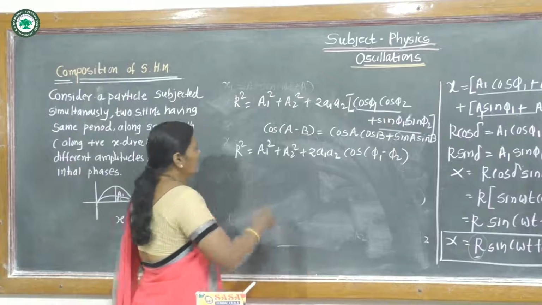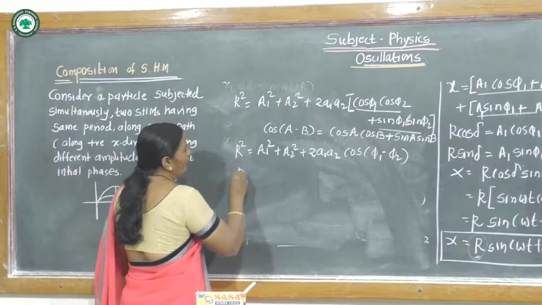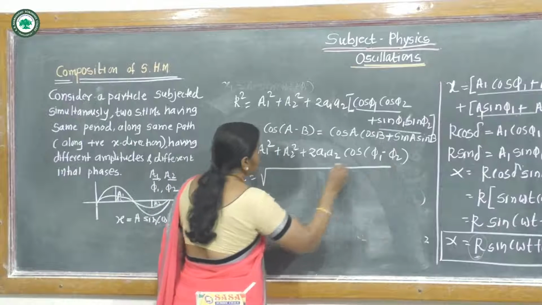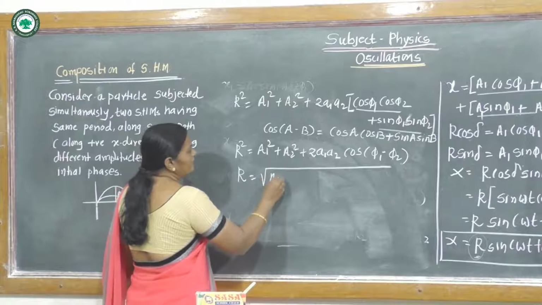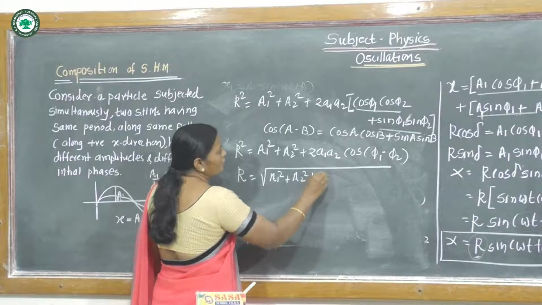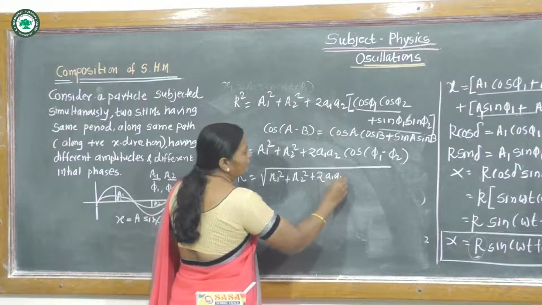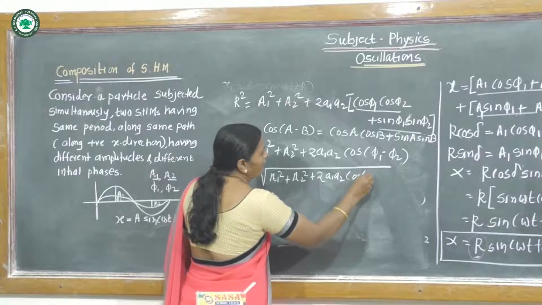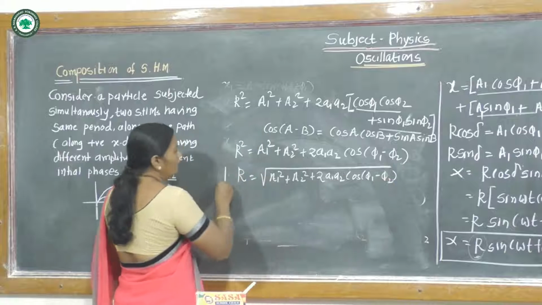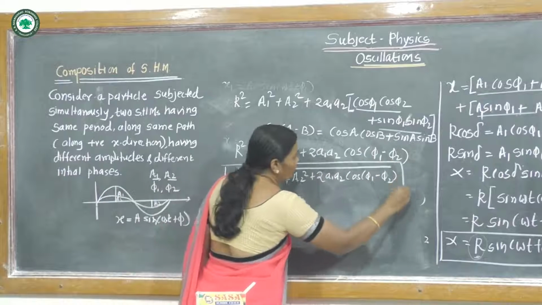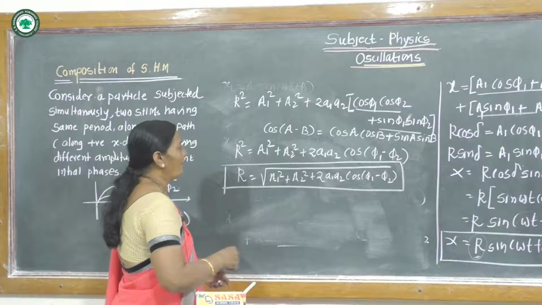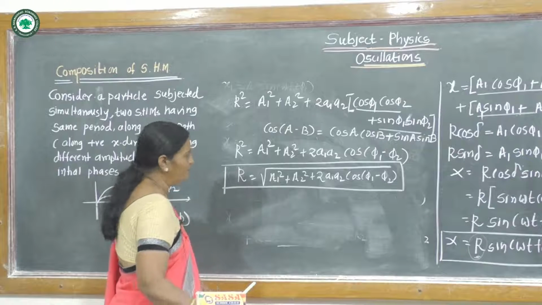Now this is the square quantity. We take the square root of this. Then the equation becomes R is equal to the square root of A1 square plus A2 square plus 2A1 A2 cos of phi 1 minus phi 2. This is called the expression for resultant magnitude or resultant amplitude.